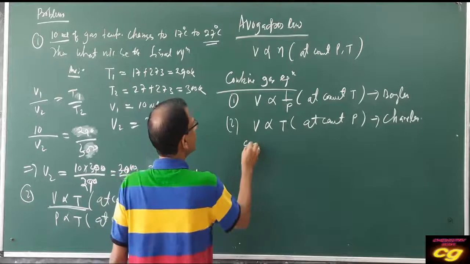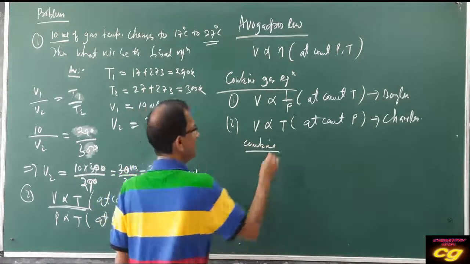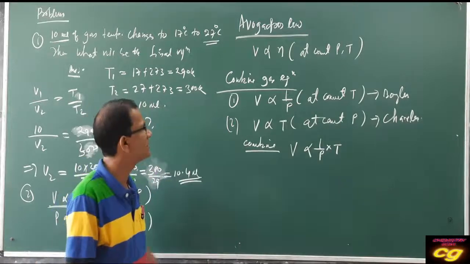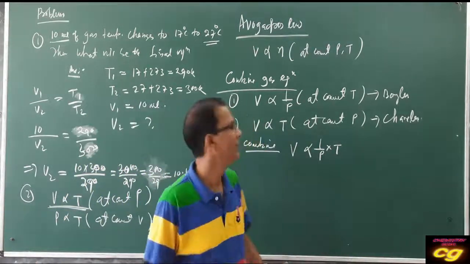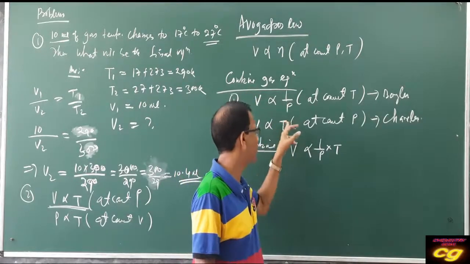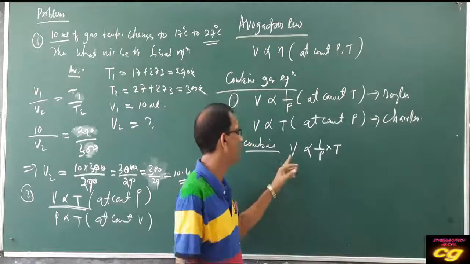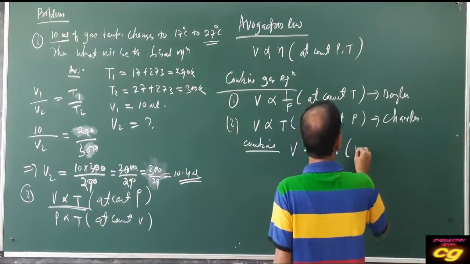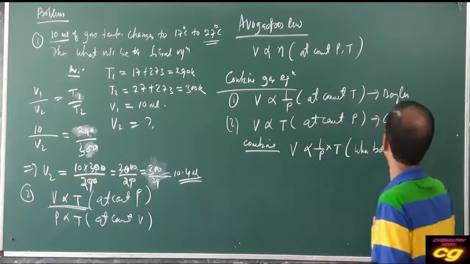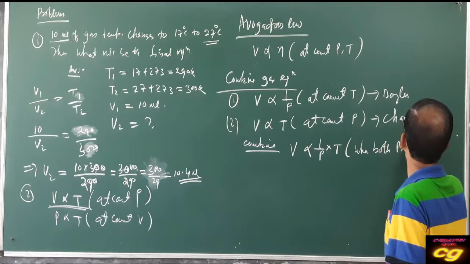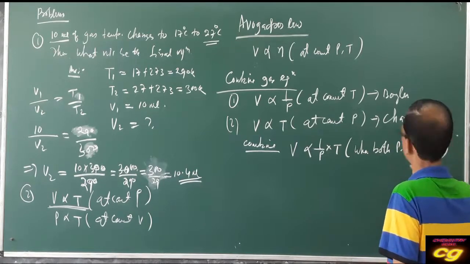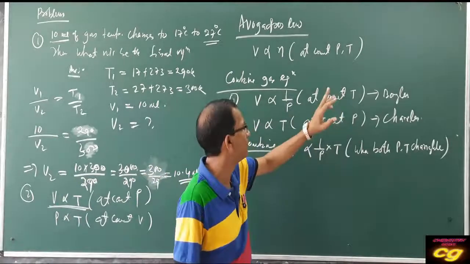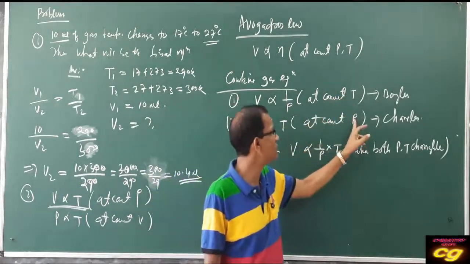If you combine it, what do you get? V proportional to T by P. In mathematics, if two quantities are each proportional to a variable, then when combined, the proportionality is multiplied. V is proportional to 1 by P and V is also proportional to T. In the first law T is constant but P is changeable; in the second law P is constant but T is changeable.